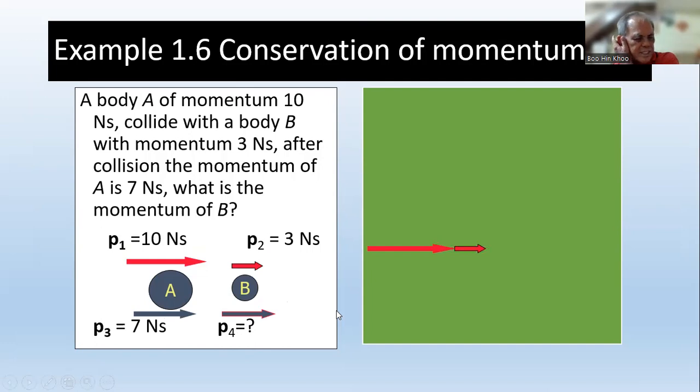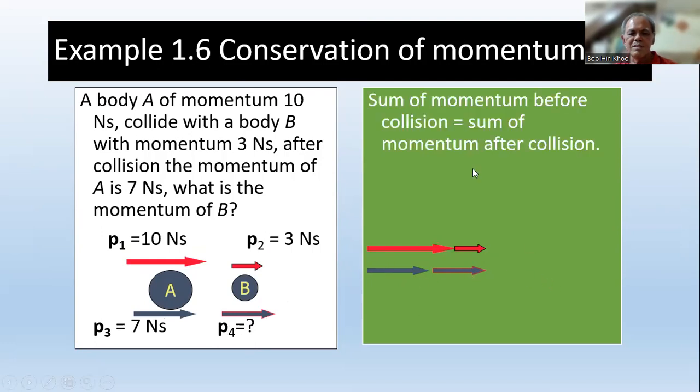So we can draw that, P1, P2. Final momentum must be the same as the initial momentum. The sum of the momentum before collision equals the sum of momentum after collision. Remember, this is a vector equation. We can put numbers in because they are all horizontal.